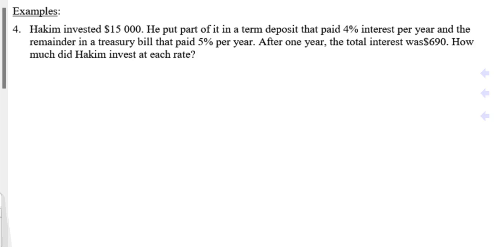Here's the first example. Hakeem invested $15,000. He put part of it in a term deposit paying 4% interest per year, and the remainder of it he put in a treasury bill that paid 5% per year. You may wonder, well, why doesn't he put it all in the treasury bill? Well, often with investments, you don't know in advance how much interest you're going to earn.